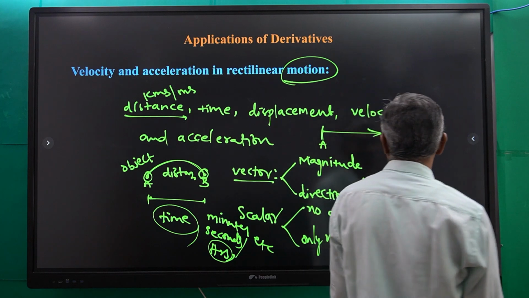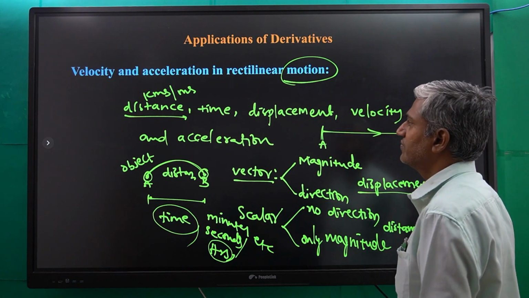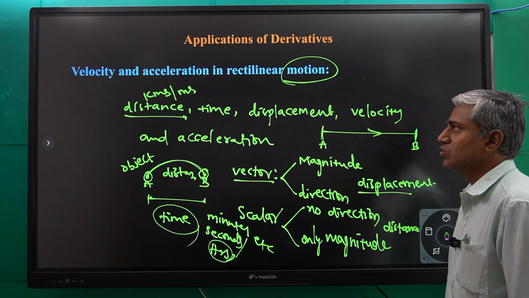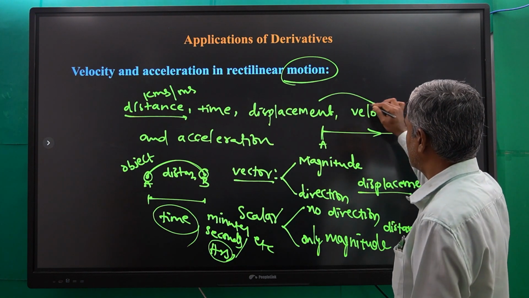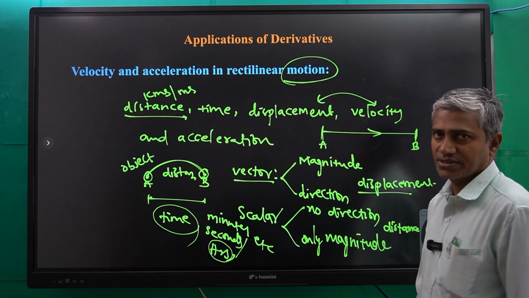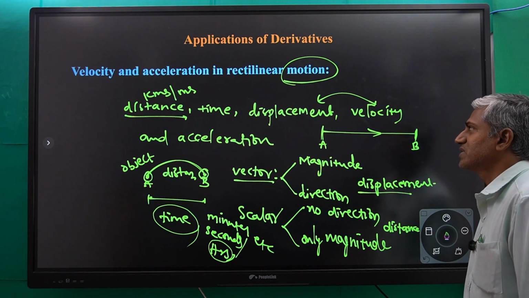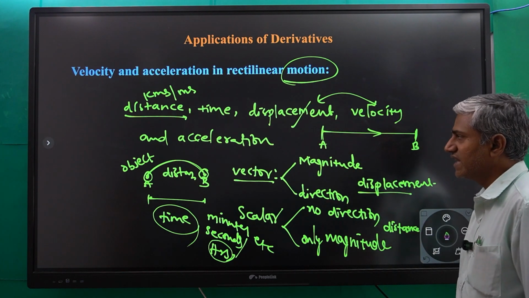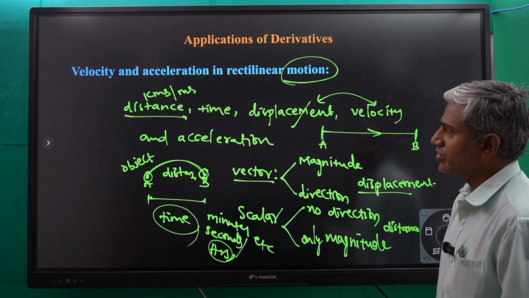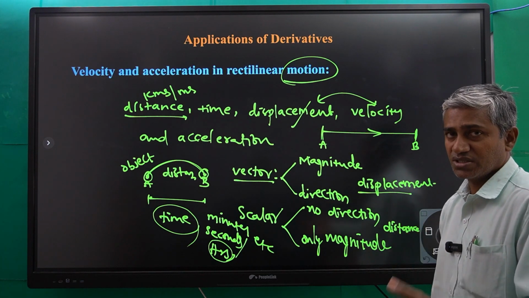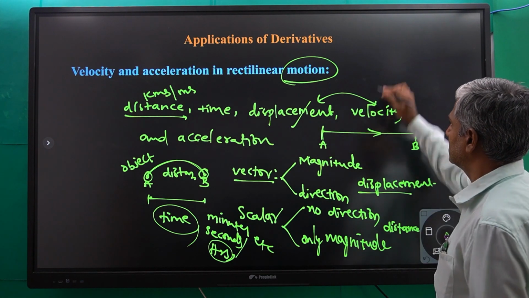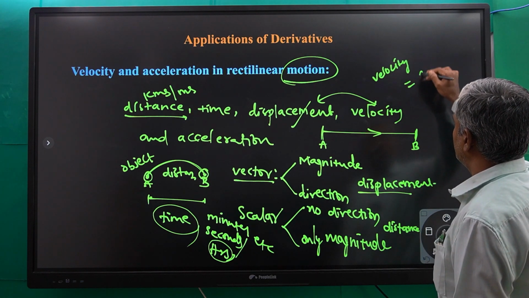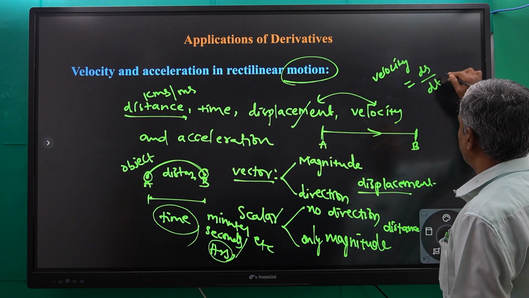Now come to the velocity. Velocity and displacement are interconnected. Displacement is already discussed, and what about the velocity? The rate of change of displacement with respect to time is called velocity. Velocity is equal to ds by dt.